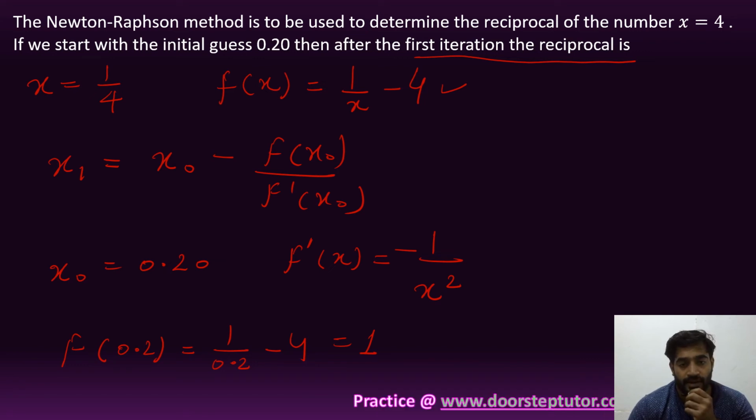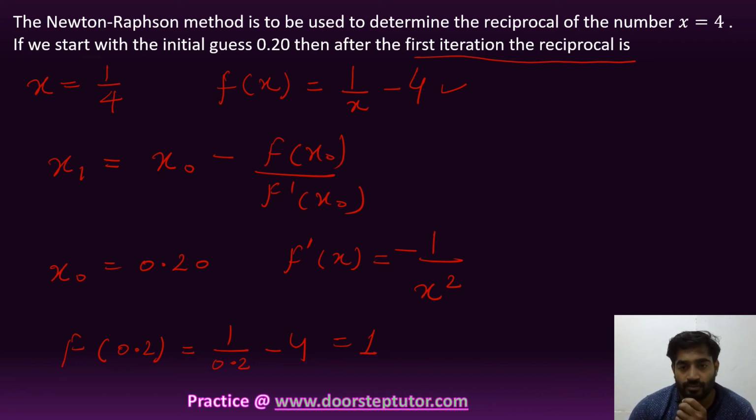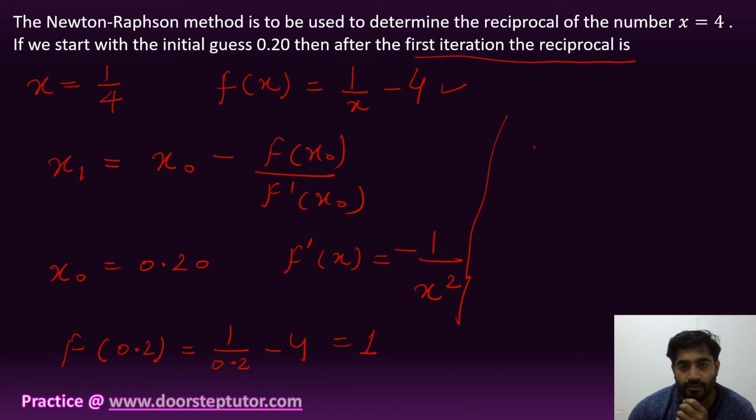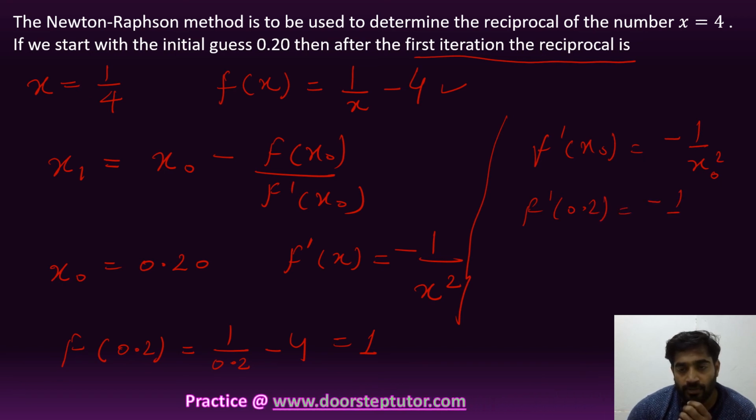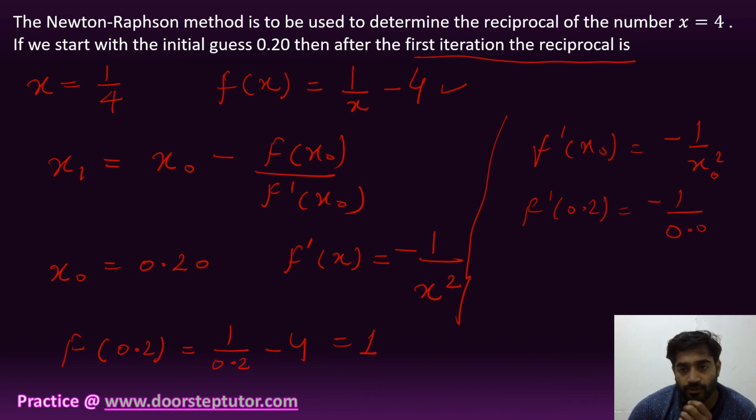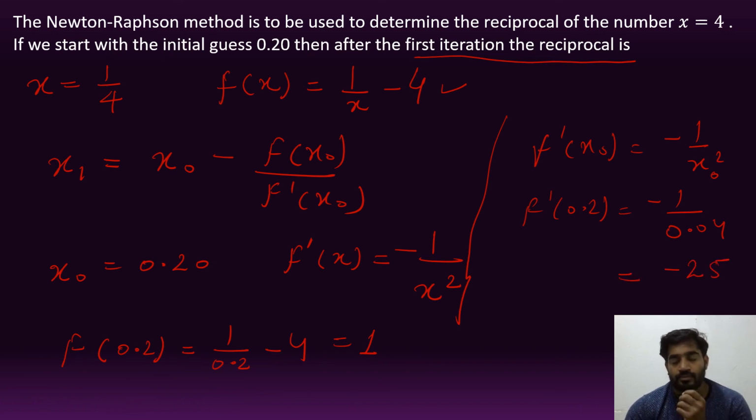Now what is f dash (x naught)? It is minus 1 upon x square. So if I put the value of x naught, f dash (0.2) will be minus 1 upon 0.2 square, which is 0.04. So it is 25, I think. Okay, minus 25.